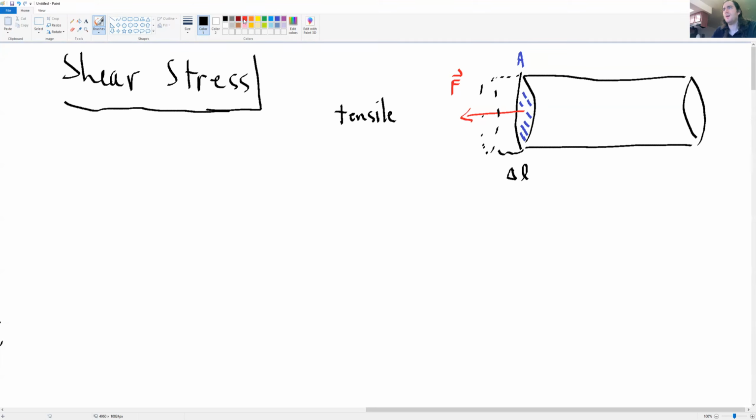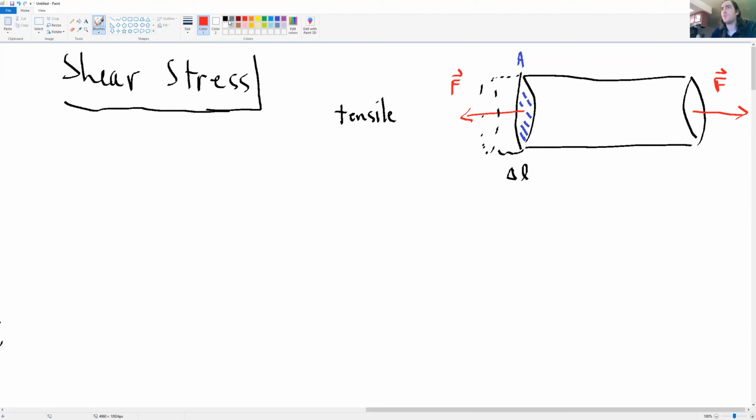Of course, if there's a force applied on this side, there must also be a force applied on this side. There's got to be some sort of balance of forces here because this thing isn't accelerating. It's just elongating. Once it elongates a certain amount, then the net force on it will be zero. While it's in the process of elongating, the net force may not be zero because the center of mass is moving, right?